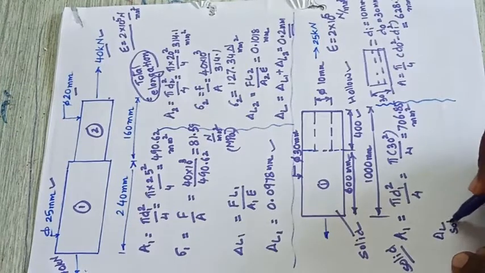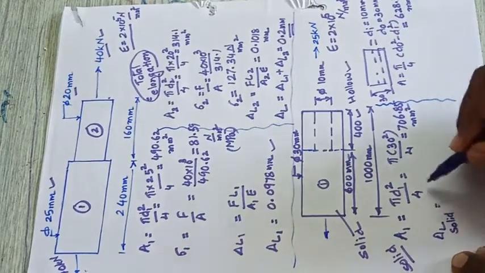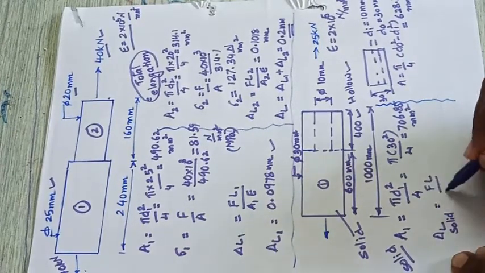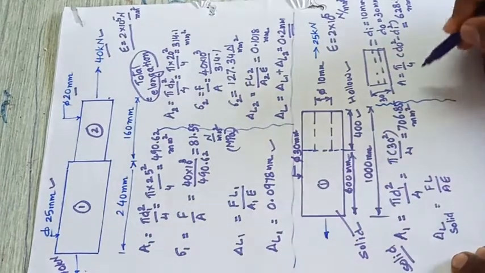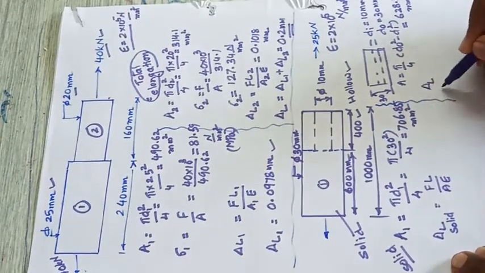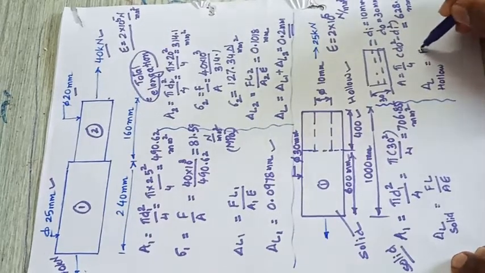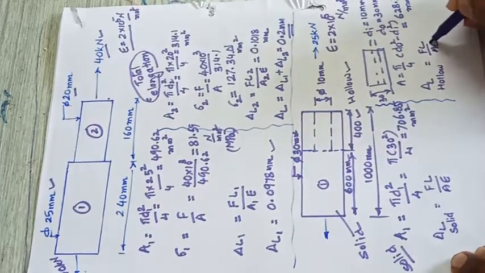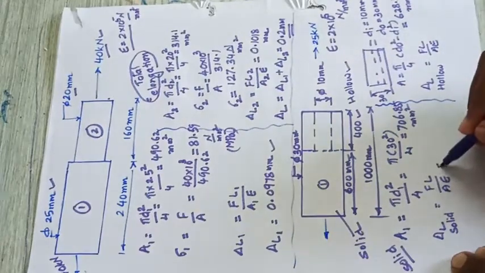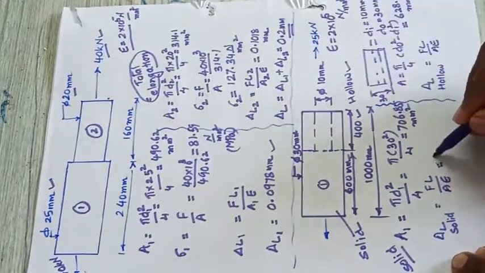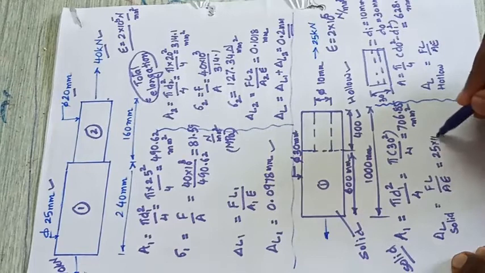Okay, then we use the change in the length, delta L. For the solid, it is FL by AE, the same equation, and here also delta L for the hollow is equal to FL by AE. We will substitute the values. The force is given as 25 into 10 raised to 3.